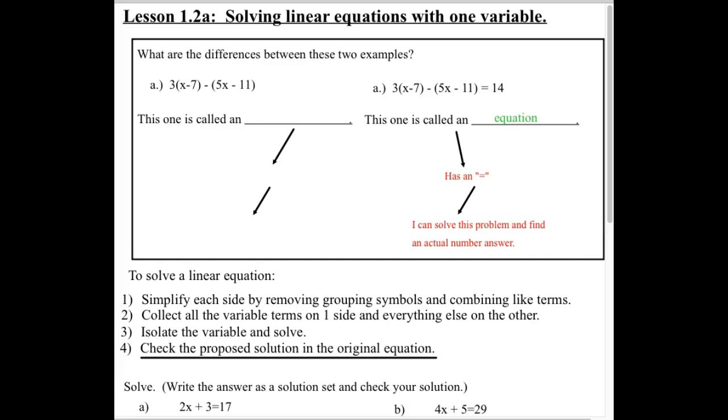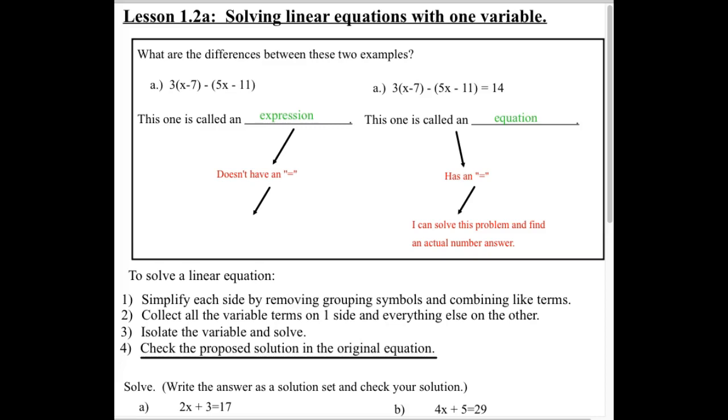How is the first one different, the one on the left? There's no equal sign, so instead of it being called an equation, it's called what? Starts with an E. No? We are tired on Friday here? All right. The first one's called an expression. It doesn't have an equal sign.